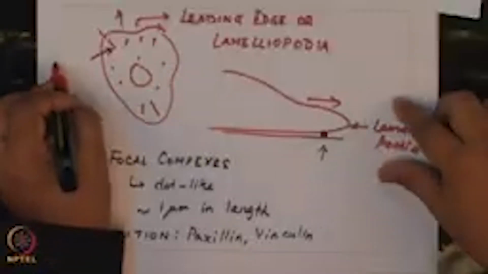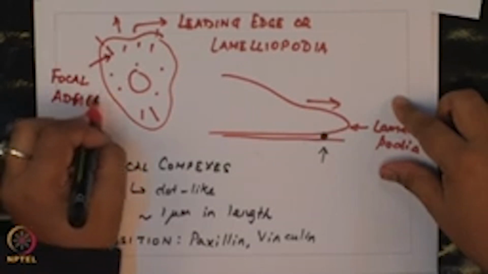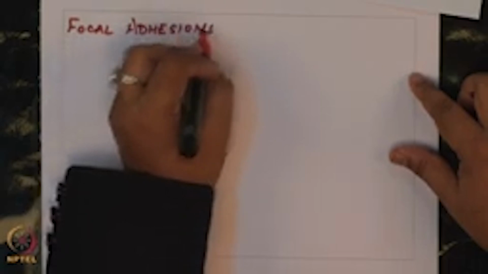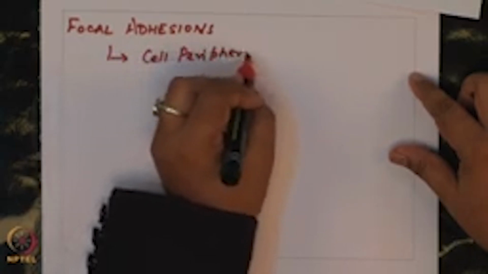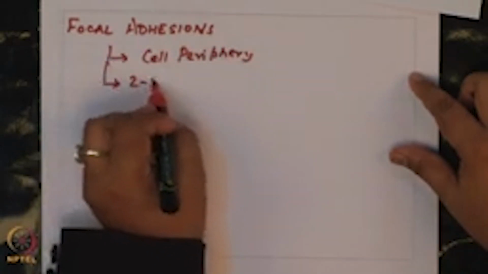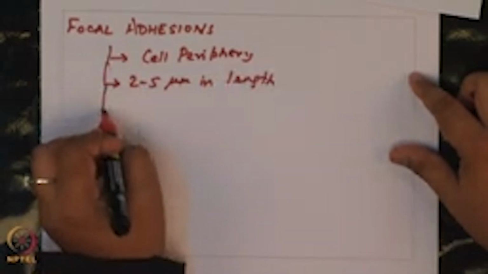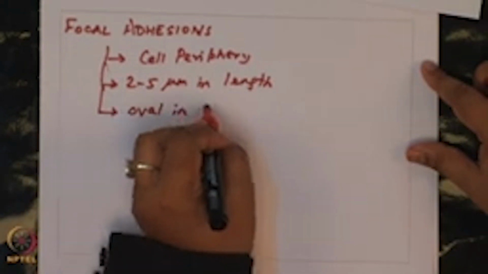The larger adhesions that I had drawn are called focal adhesions. Focal adhesions are present at the cell periphery and can be 2 to 5 microns in length. These are also more oval in shape.